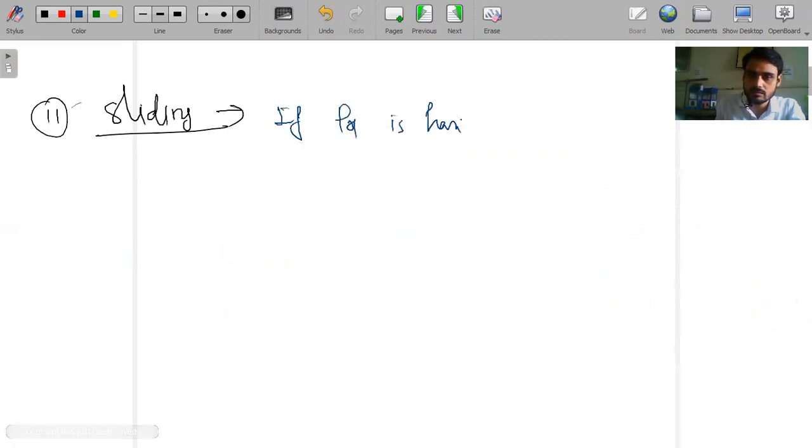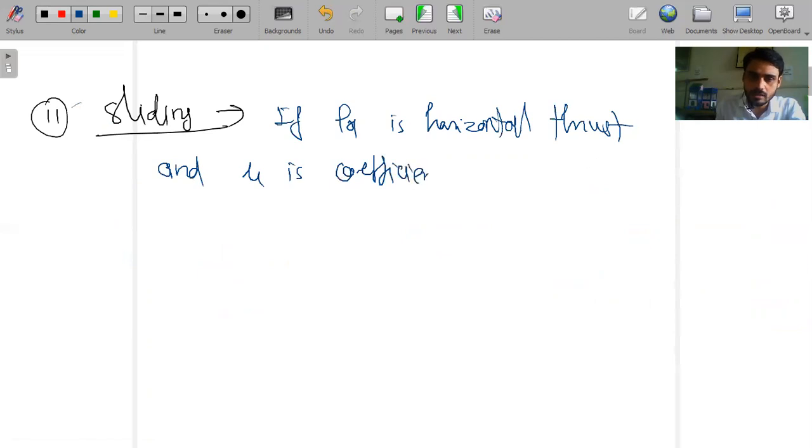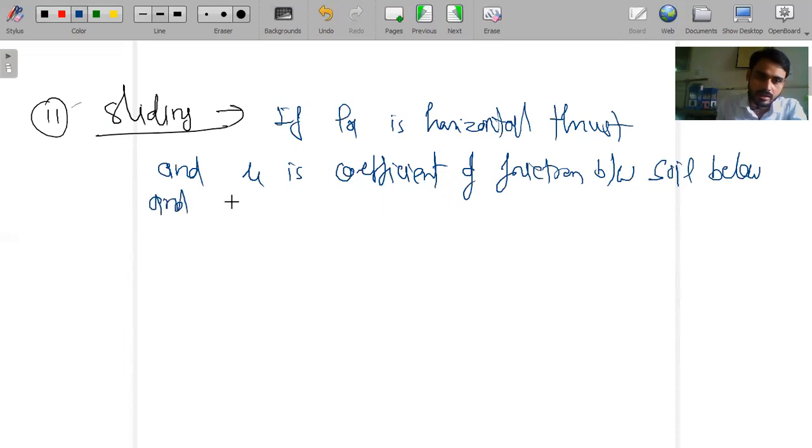Okay. So if pH is the horizontal or lateral thrust which will slide the retaining wall in horizontal direction, and mu is the coefficient of friction between the soil below and the base concrete.